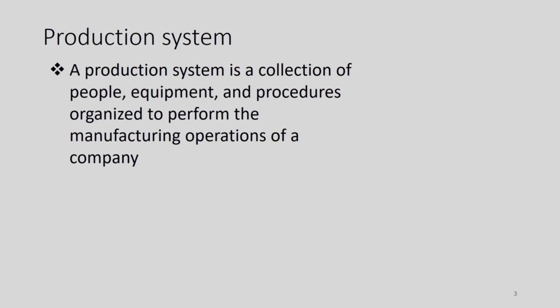So, if we try to draw a simple diagram of a production system, we can consider the production system as a block which has the input, that is the demand from the market, demand from the customer.